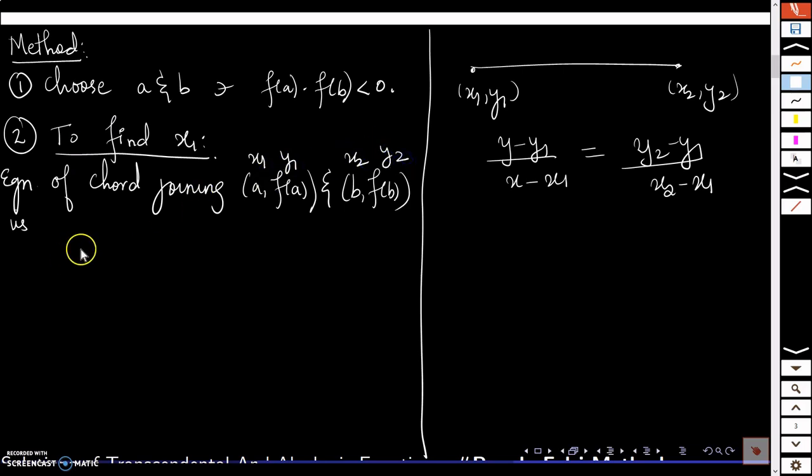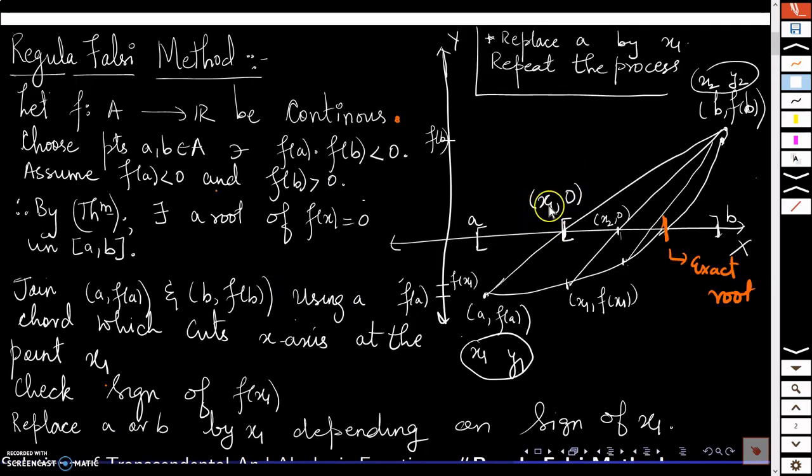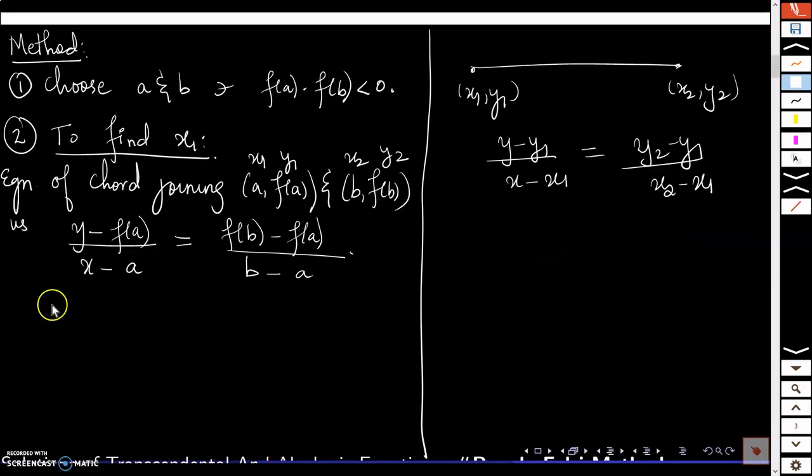So its equation is given by y minus y1, that is f of a, upon x minus x1, that's a, is equal to y2 minus y1, that is f of b minus f of a, upon x2 minus x1, and that's b minus a, right? And what we know, the point x1 comma 0 lies on that chord, so it will satisfy its equation.